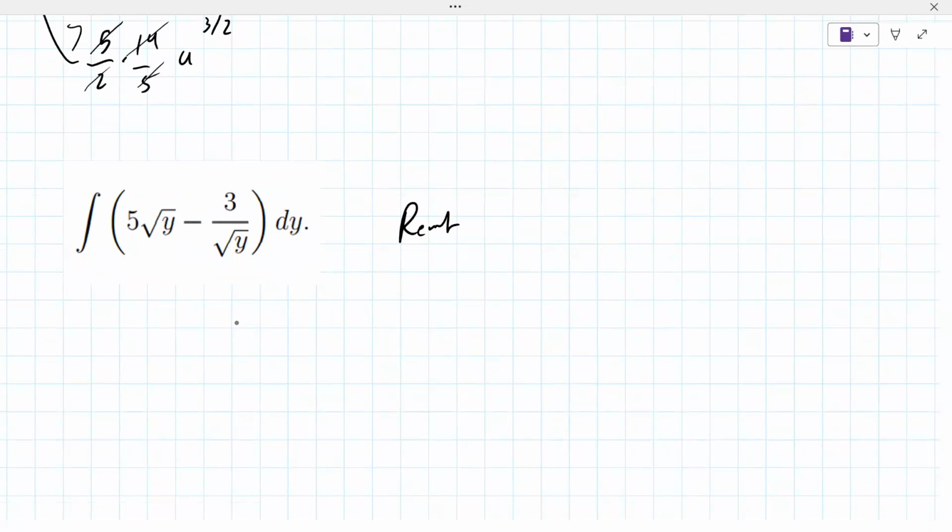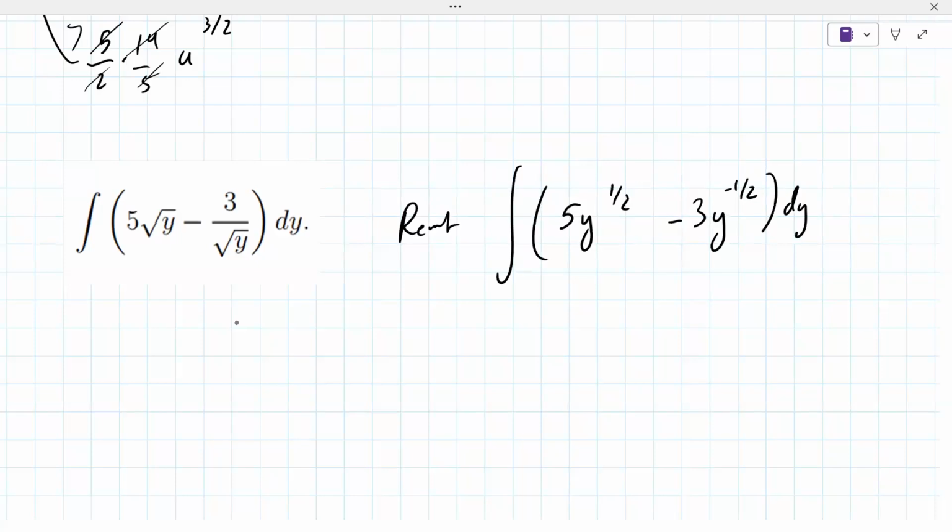Okay, I did 5y to the power of 1 half minus 3y to the power of negative 1 half. Very good. And that's key here. If you can't do that, you'll be in trouble here. But go ahead and integrate that, please, or find the antiderivative.